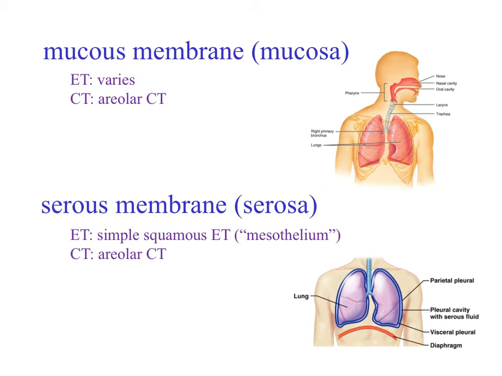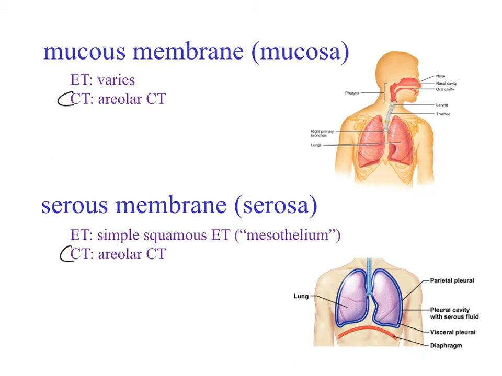A molecular basement membrane, and then there's an underlying CT. In both cases, you can see right away that the underlying CT is areolar CT. And that probably doesn't surprise you when you remember that it's very well vascularized and therefore great for metabolically supporting the ET, which is going to be avascular.